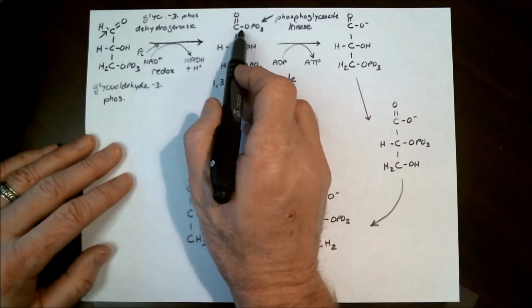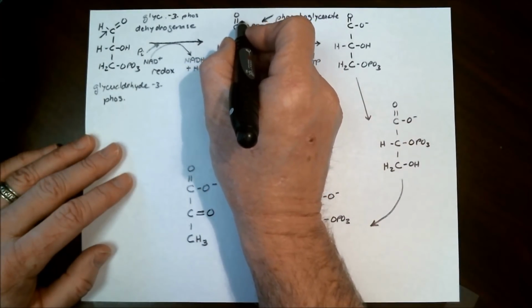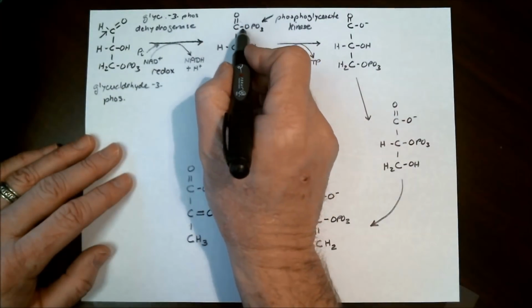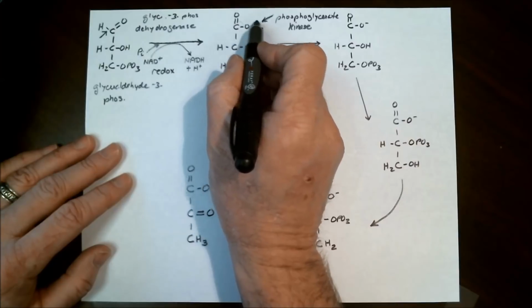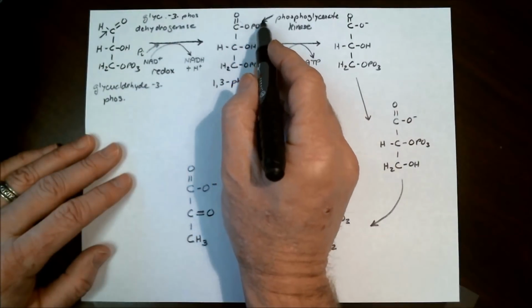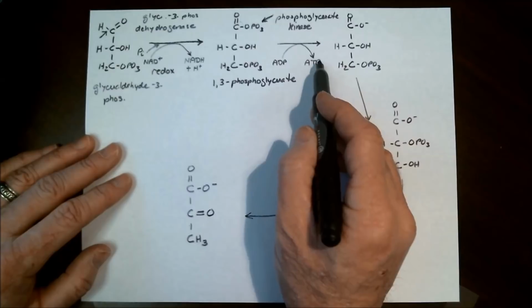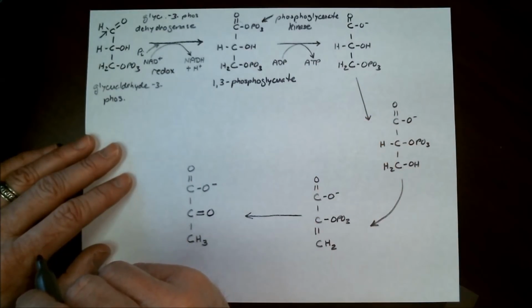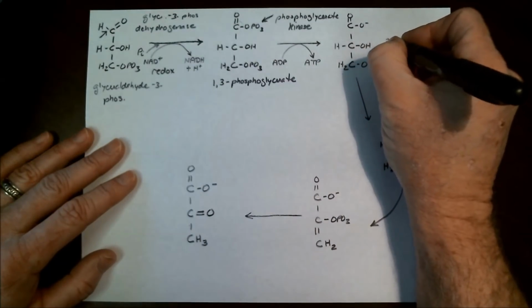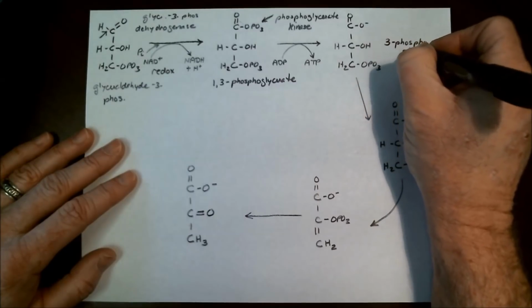Now this phosphate turns out to be a very good leaving group because remember your chemistry here is that we have resonance between these oxygens and making this bond weak so that this is a good leaving group, essentially giving us a high energy nature. So the transfer of the energy from this goes on to ADP to give us our high energy phosphate bond of ATP. When we do this reaction, we generate 3-phosphoglycerate.